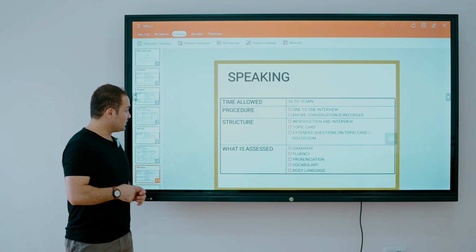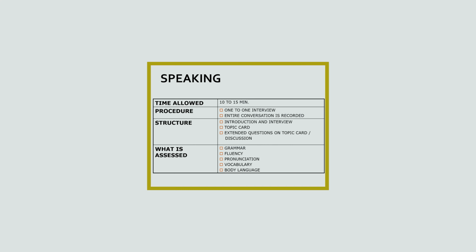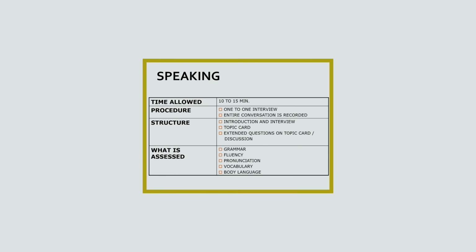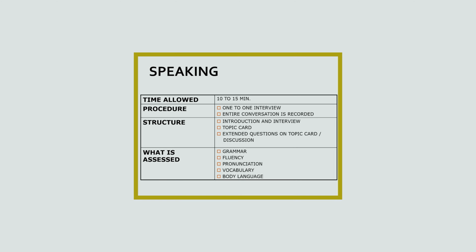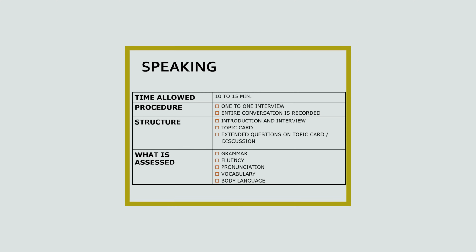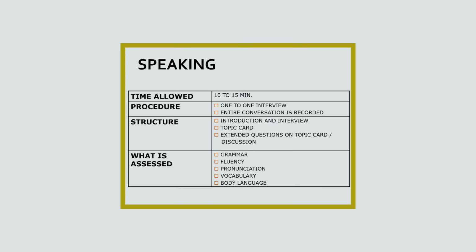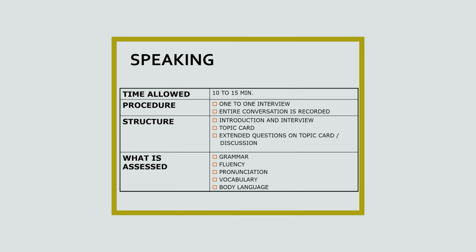In the third part of the IELTS test, it's like a discussion, and the examiner asks more difficult questions than in the first and second parts. The candidate should answer all the questions and be able to discuss some difficult and abstract topics.